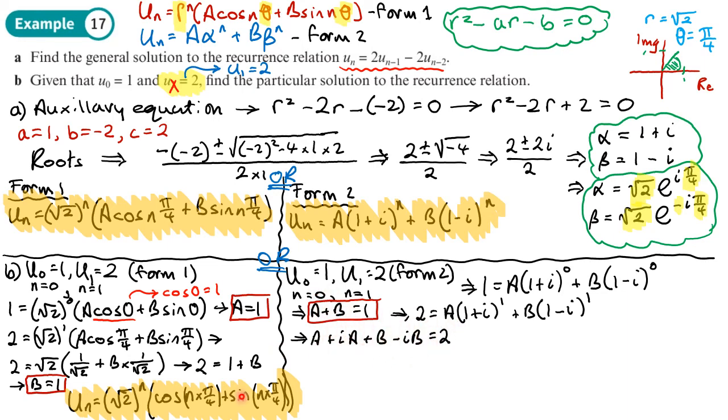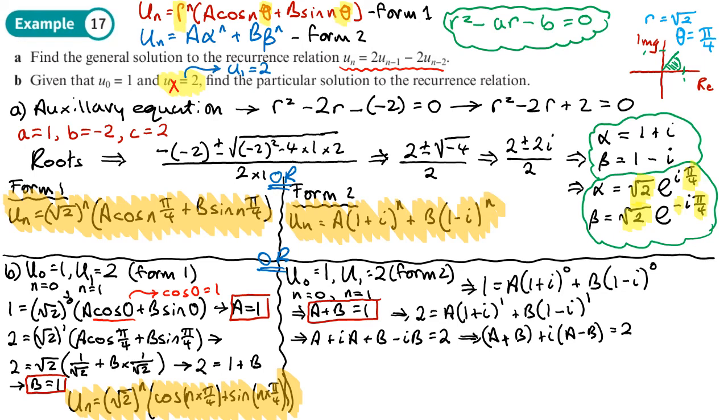Now, we've already got this first equation here, so let's see what equation we get when we simplify this. So to enable me to substitute that into this, I need to collect together the real and the imaginary terms. So the real terms are a and b. That's handy because actually what I've got is a plus b in the first equation. So a plus b, and then the imaginary parts are going to be a minus b, and all of that equals 2.